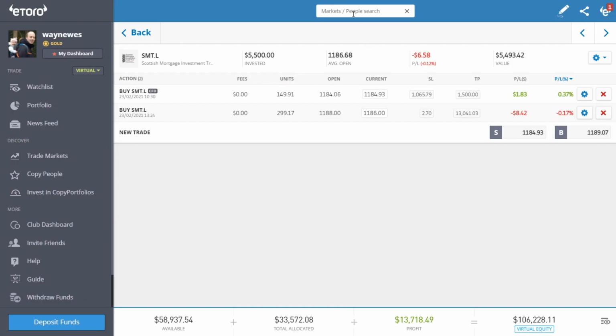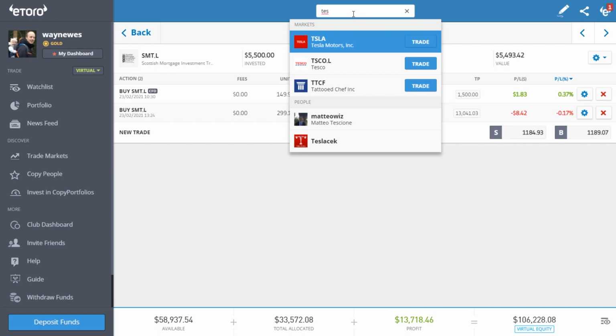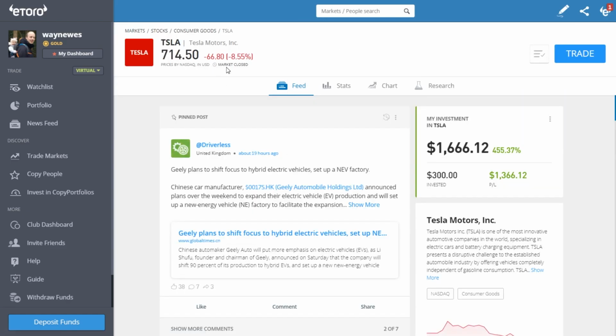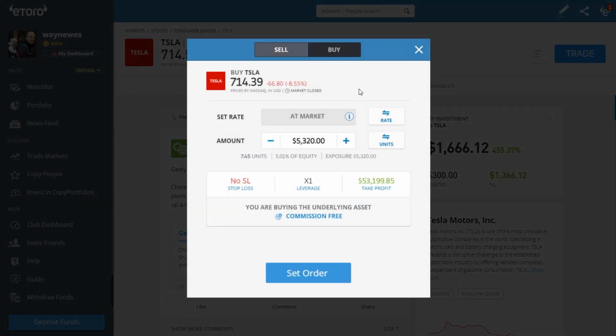If you wanted to do that with a stock that is, for example, not yet open, we can see here Tesla market is closed. When we click on trade, you'll see that you can either set it at the market or you can set a rate. Same as before, you're either going to buy it at the price that it's showing, or you can buy it at a fixed price.